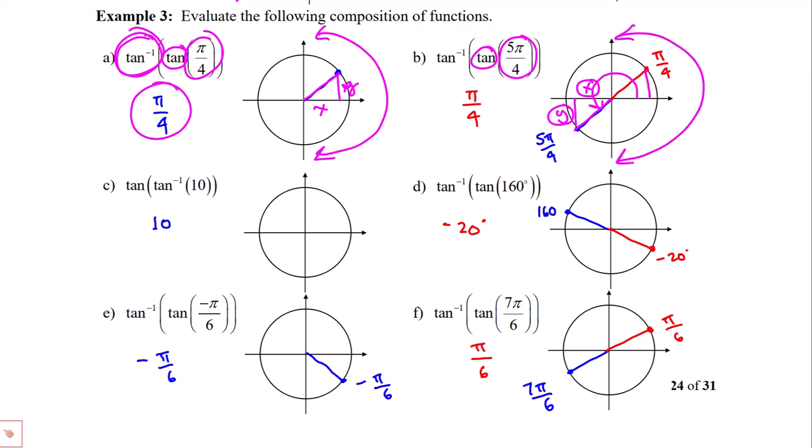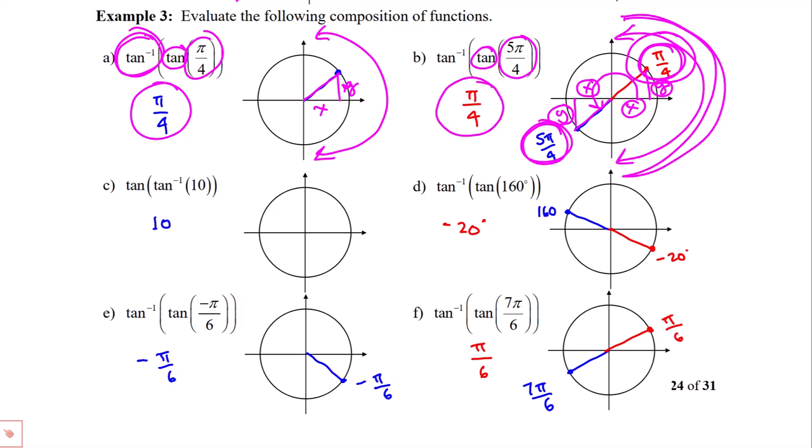So what if I use this y value and this x value? It's positive over positive. It's still positive. And so this angle will give me the same tangent value as this angle. And since this angle is between negative pi over 2 and pi over 2, that's the angle I should give them.